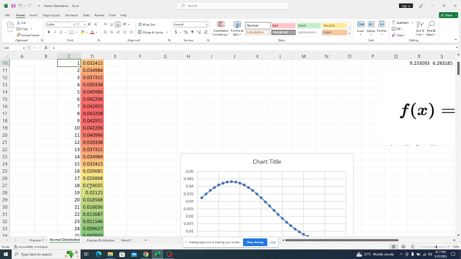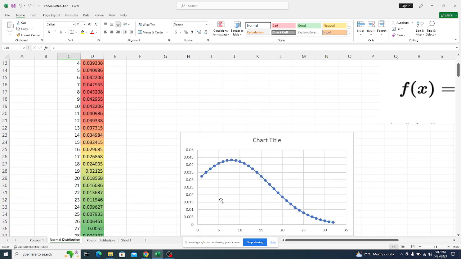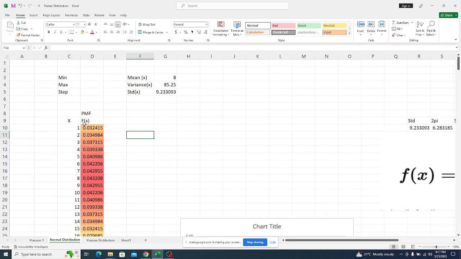Or whenever our data is going down, then our distribution will be skewed to the left. Yes, so that's how we can do the probabilities.